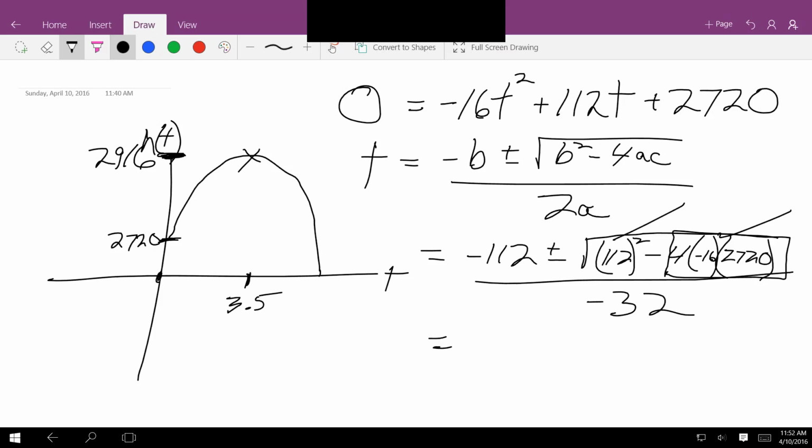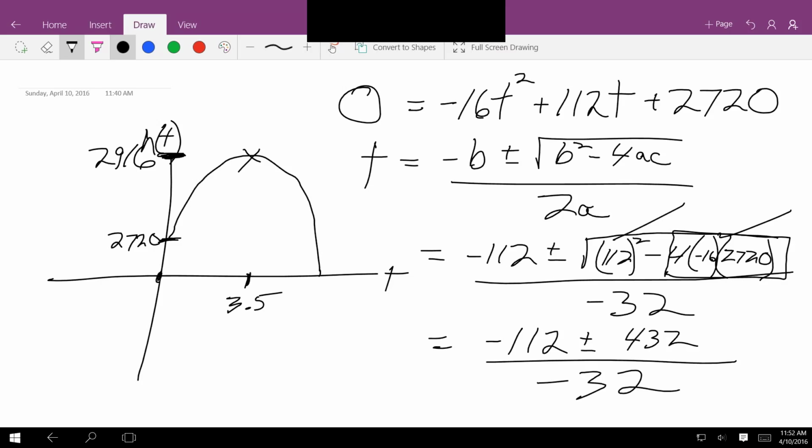Okay, so I got negative 112 plus or minus 432 over a negative 32. So, what's the time that it lands? Notice there's two solutions there.